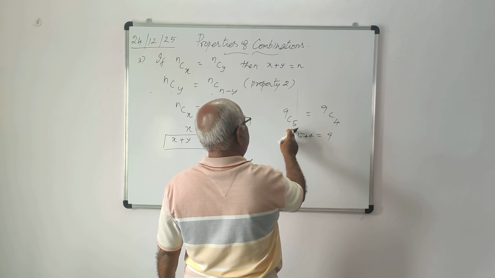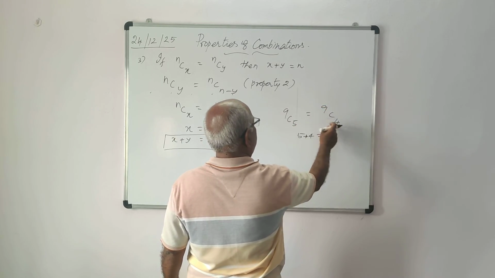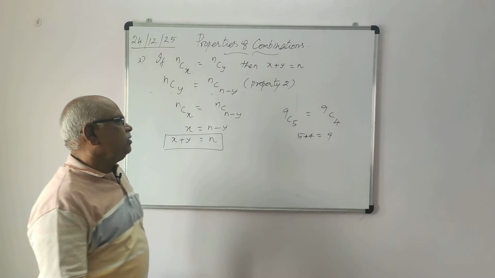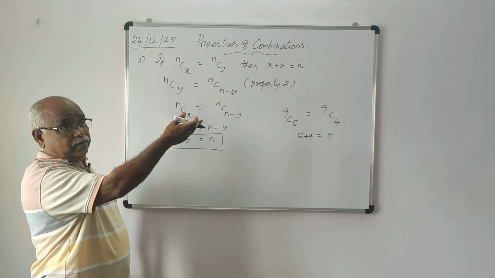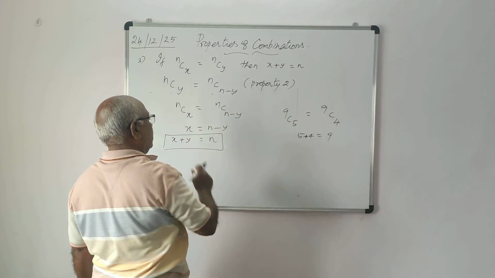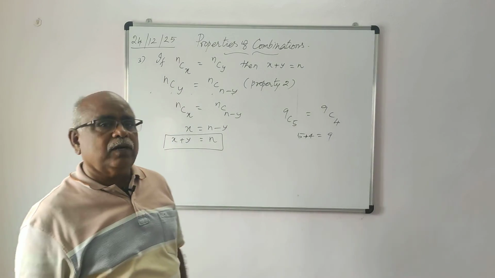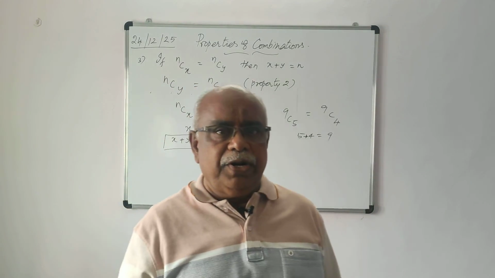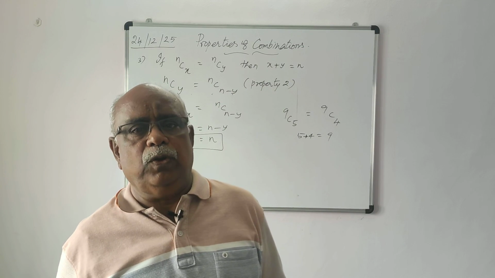If nCx equal to nCy, then x plus y equal to n. Like that, 9C5 equal to 9C4 implies 5 plus 4 equal to 9. This is the application of this property, and thereby I conclude this video, and we will continue the remaining properties in my next video. Thank you.